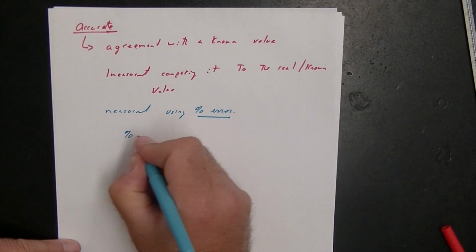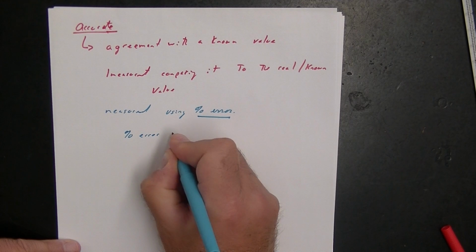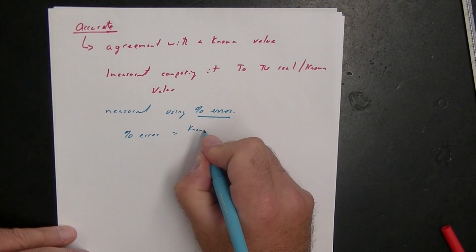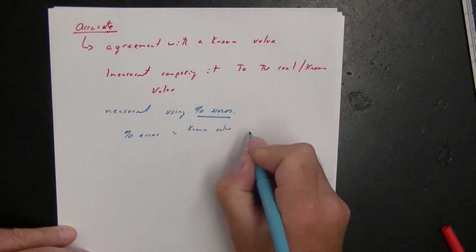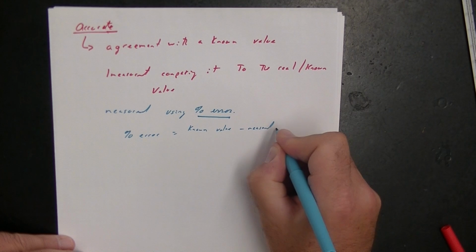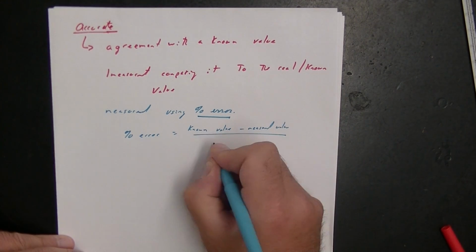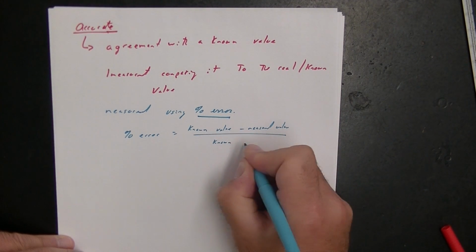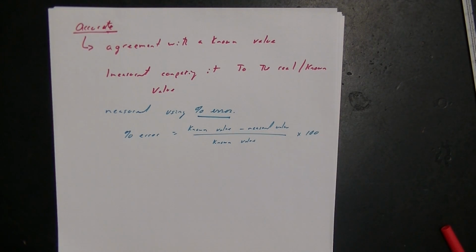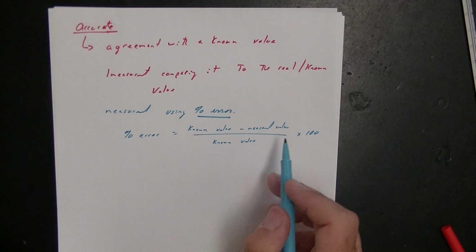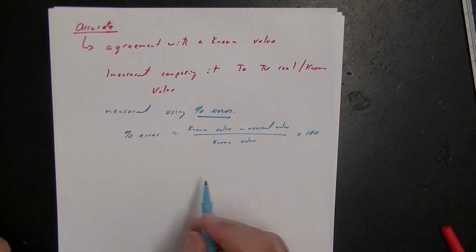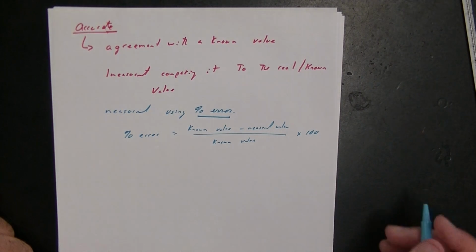Percent error equals the known value minus the measured value, all over the known value, times 100. So real value minus measured value all over the known value, or the real value, times 100. And this will give us a percent error.